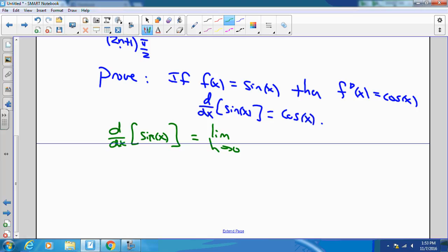We're going to have to take the limit as h goes to 0 of what? Of f of x plus h. Okay, but be concrete. What is our f? So, sine of x plus h. Yeah.